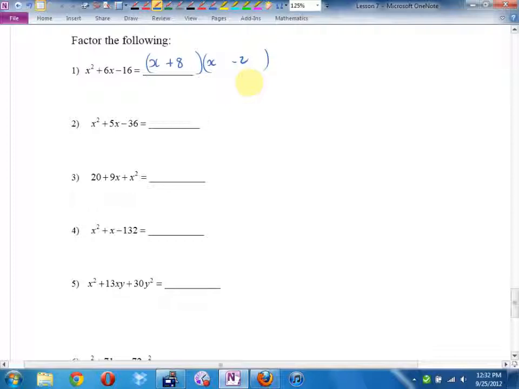What numbers multiply to negative 36 and add to positive 5? 9 and 4? Which one where? You're saying a negative 4 and a positive 9 because that would add to positive 5? Sure.